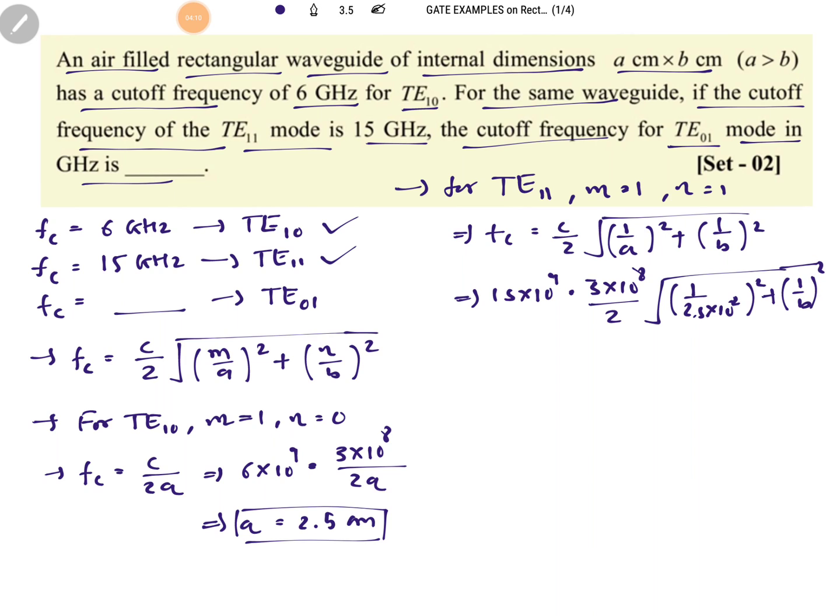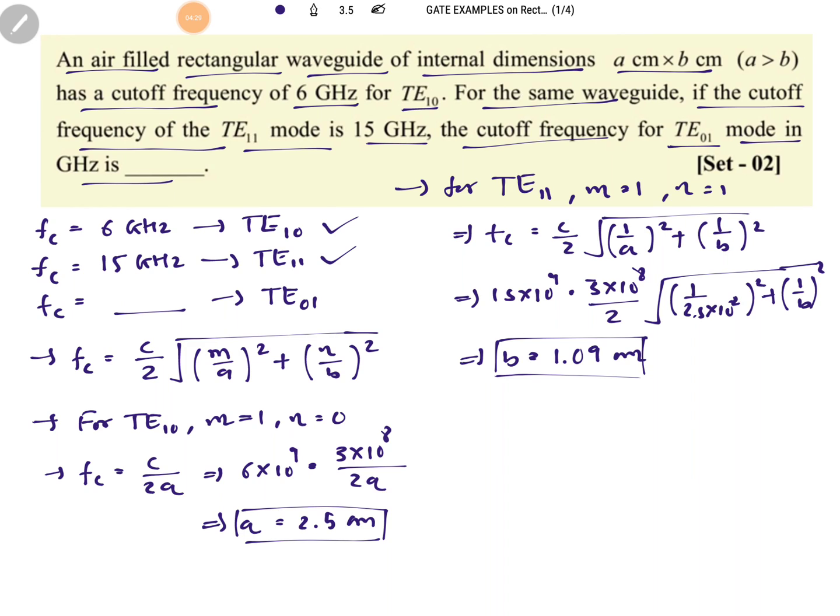If you calculate this by calculator, I am just writing the answer directly, you will find b is 1.09 centimeter. So now we have the value of b.